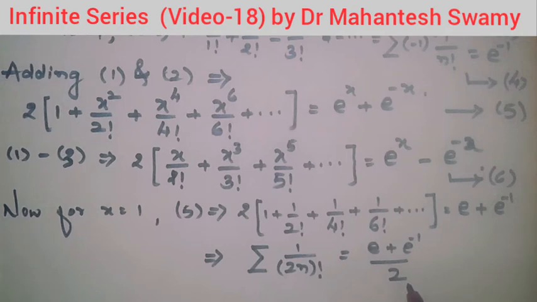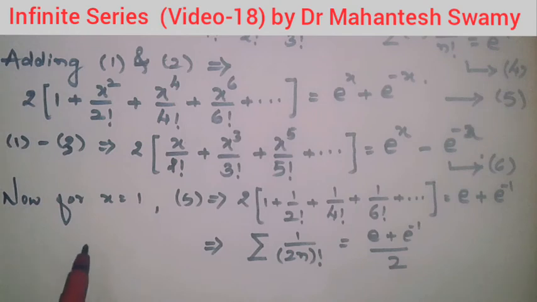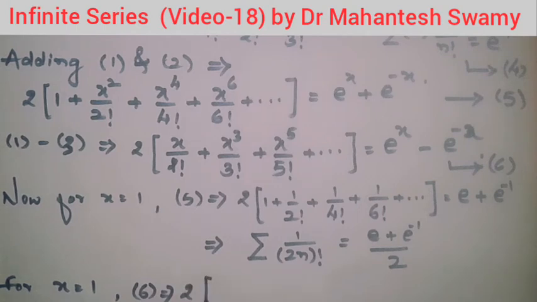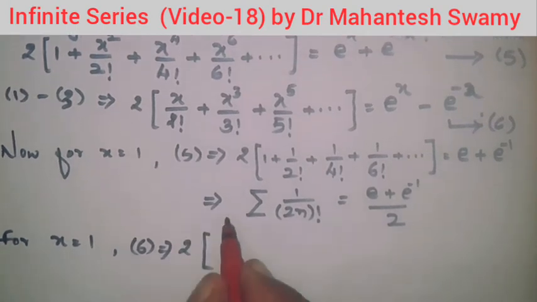Now what happens when we take x equal to 1 in the series number 6? For x equal to 1, the series number 6 implies that 2 times of all odd power x's are there, and in the place of them we are substituting 1.